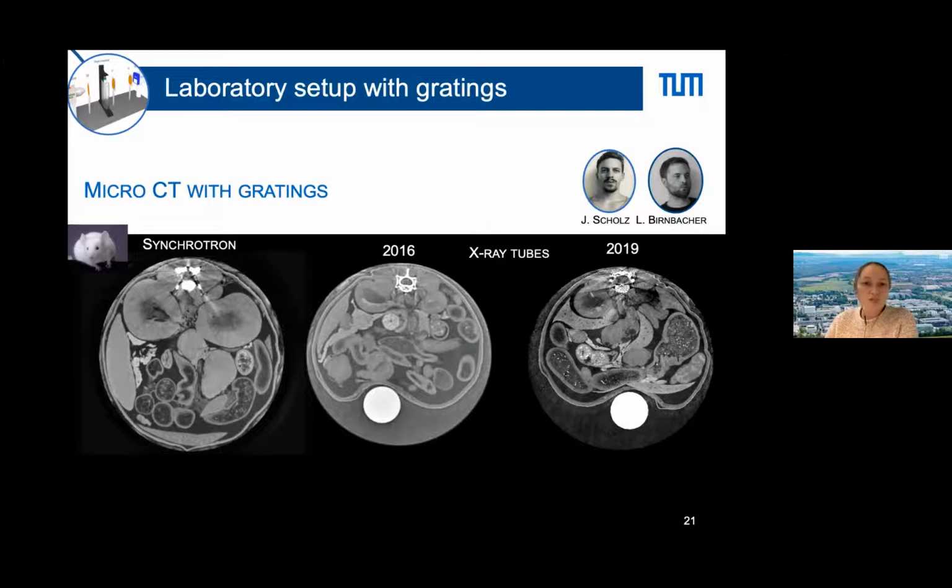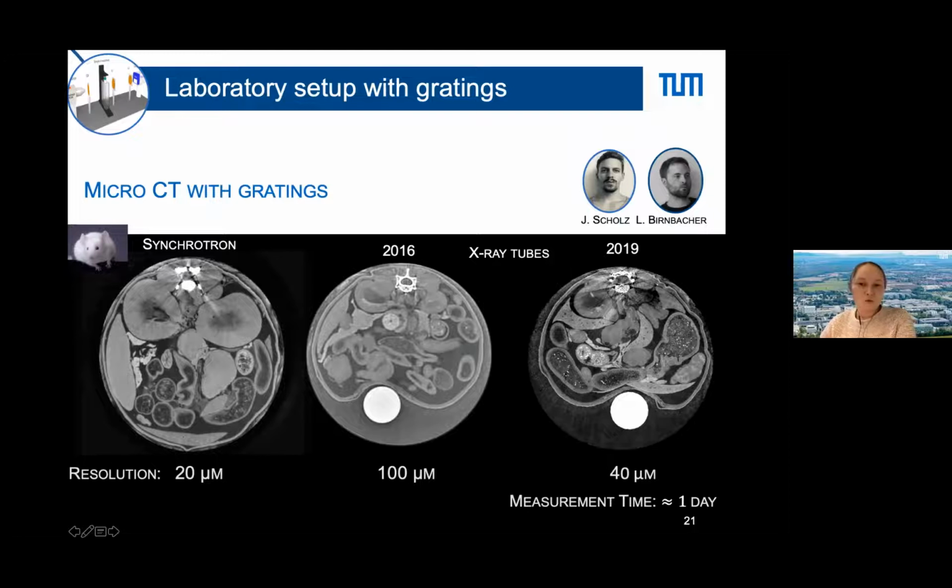So we improved several things, and of course we also understood a lot more about the gratings and how to adjust them to the given energy and the given spectrum. Now we are at about 40 microns resolution in our lab. But the bad news is we need almost 1 day of measurement time. This tomography covers a significant amount of the abdomen of the mouse.